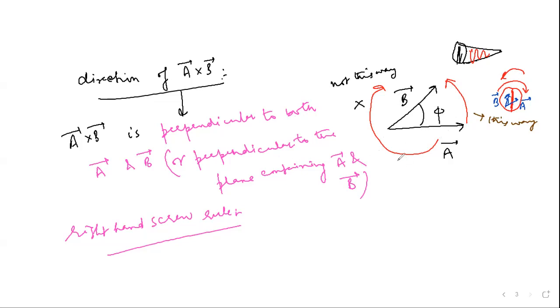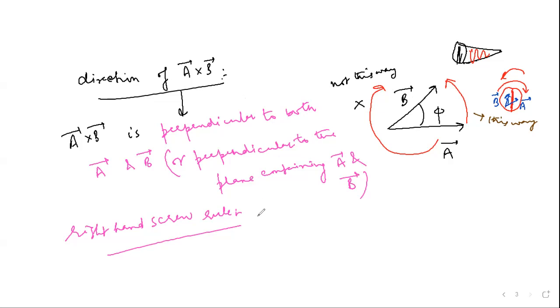That means A cross B vector will be pointing out of the board. The rule is, push the first vector in the cross product towards the second vector through the smaller angle and see the advancement of the right hand screw. That direction of advancement of the right hand screw is the direction of A cross B.